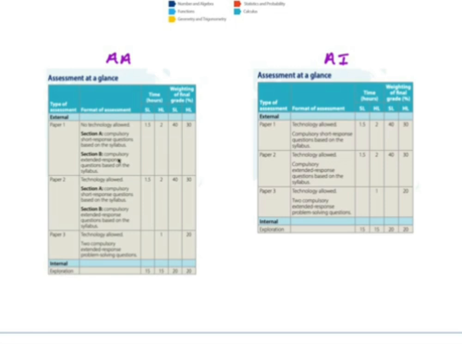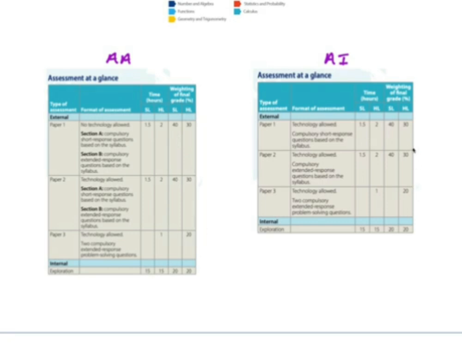The difference between HL and SL is that SL has two papers, paper 1 and paper 2, an hour and a half each, whereas HL has three papers, 2 hours, 2 hours, and 1 hour, and that's the same for both AI and AA. So the assessments are similar in structure, and the percentage is just 40% for standard level, and then 30%, 20% for higher level, and again that's the same for AI.